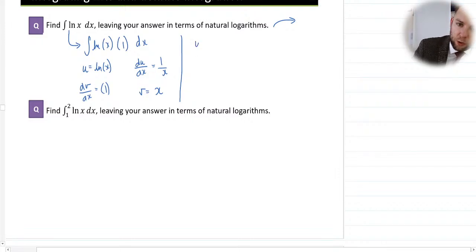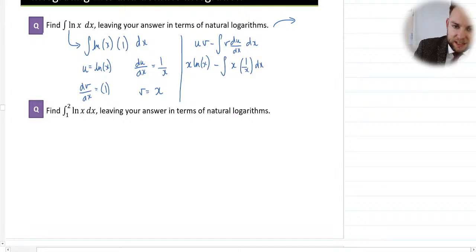So I'm going to substitute all that into uv minus the integral of v du by dx with respect to x. So u is equal to ln x times by v, which is x, I'm going to put that in the front, minus the integral of v, which is x, times by 1 over x with respect to x.